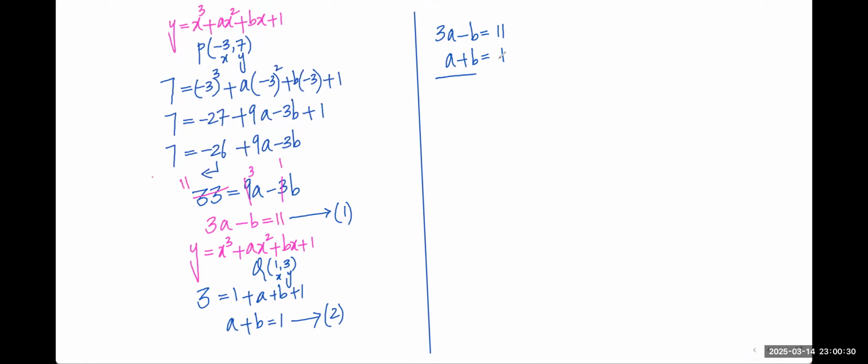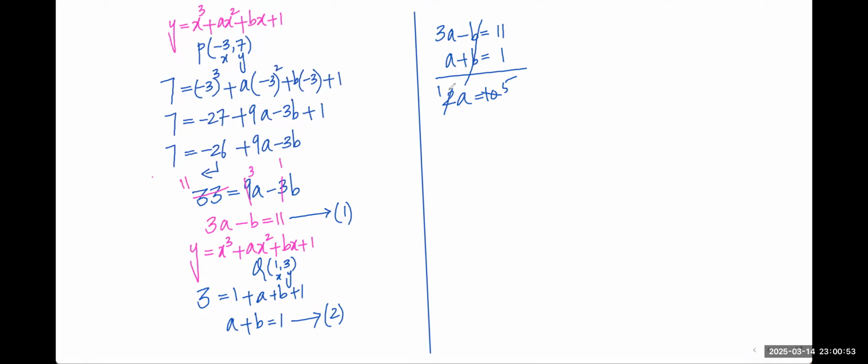So now these two cancel. 3a plus a is 4a, equal to 12.